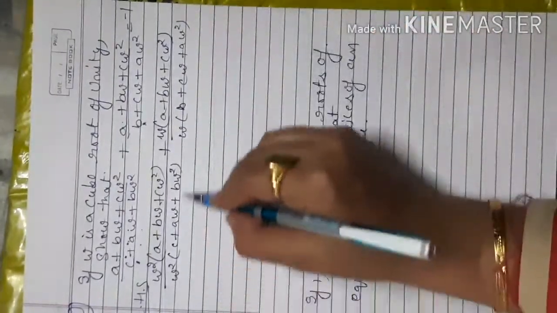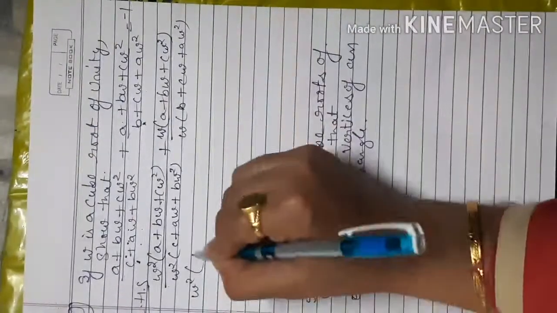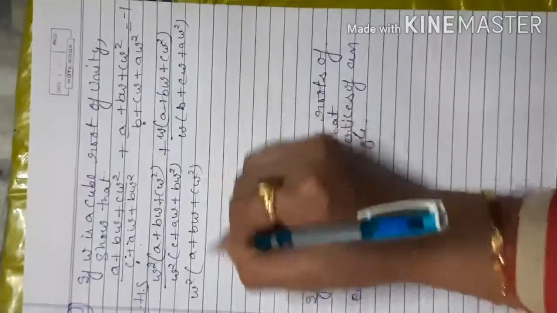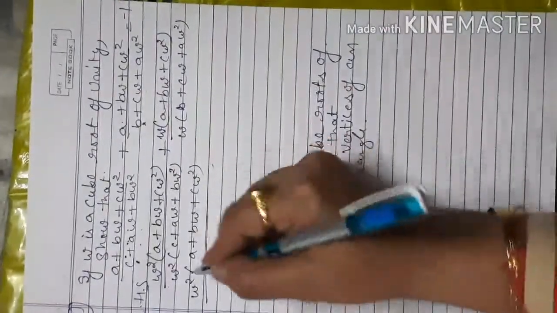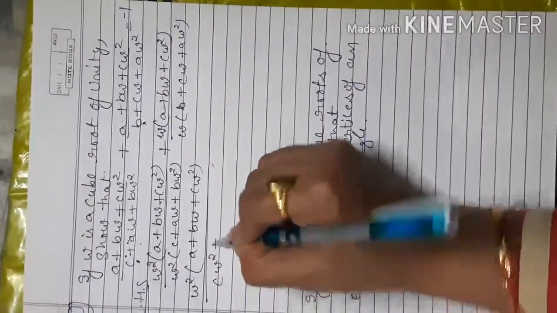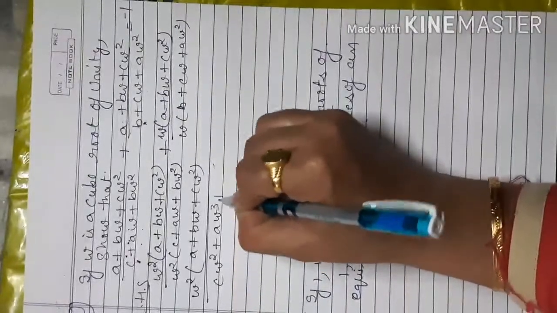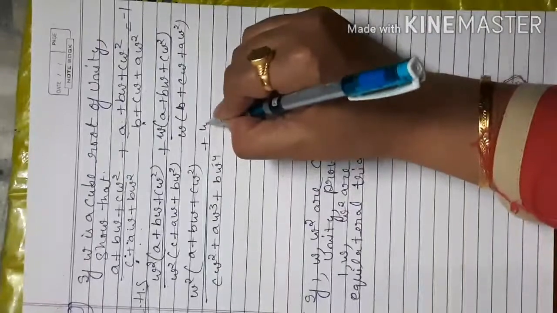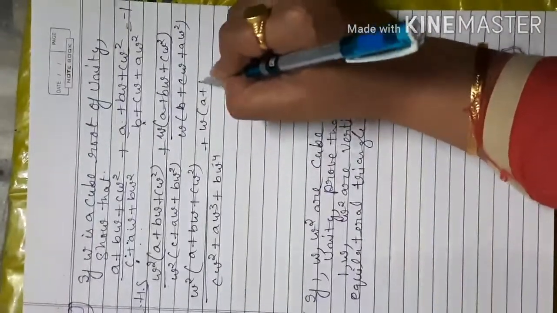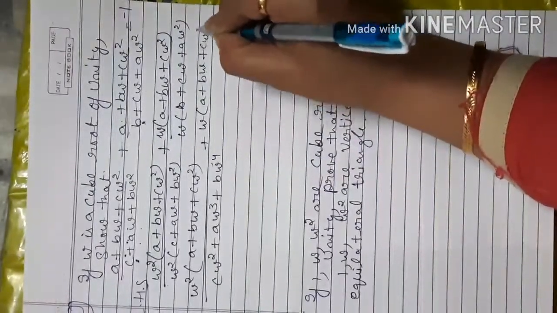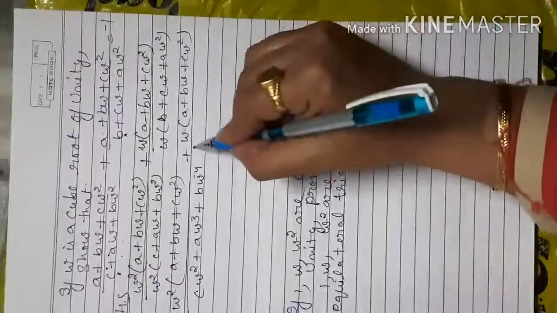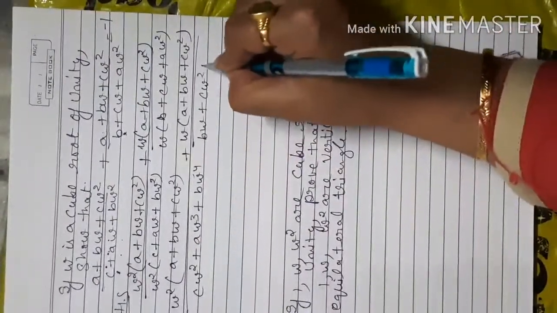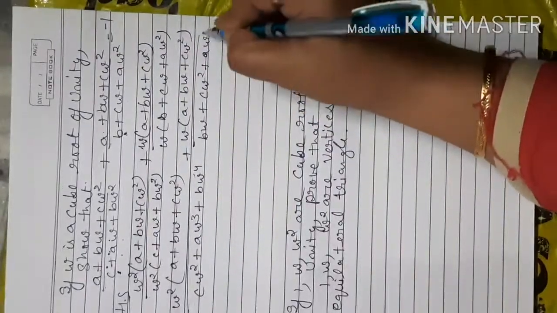So the upper term stays as it is, a plus b omega plus c omega square, and the denominator is c omega square plus a omega cube plus b omega 4, and here also the upper term stays as it is, a plus b omega plus c omega square, then in the denominator b omega plus c omega square plus a omega cube.